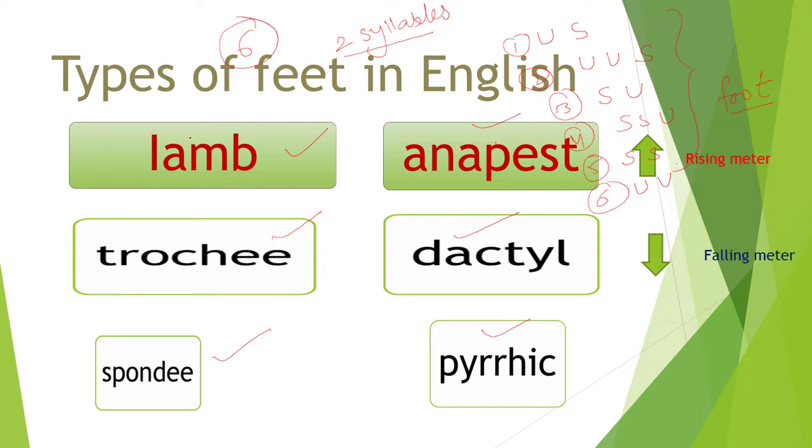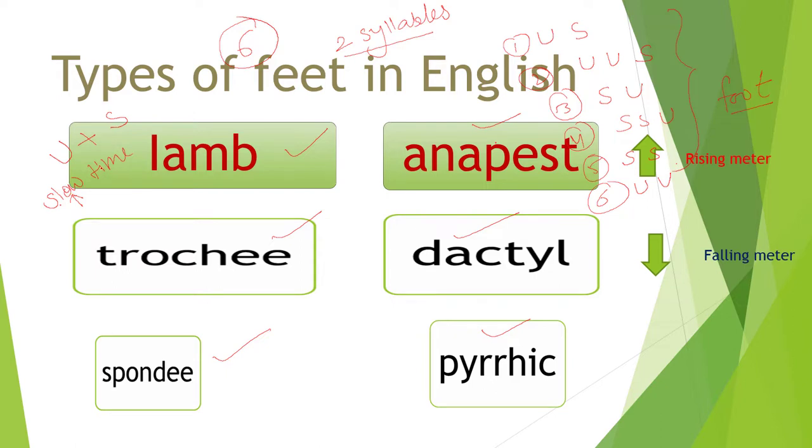The first type of foot is iamb. In iamb, we have an unstressed syllable followed by a stressed syllable. For example, if we write 2 words, slow time. Here we have 1 vowel sound, which means 1 syllable.